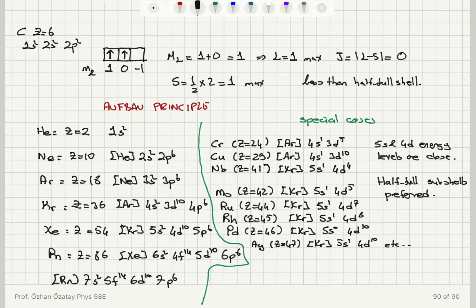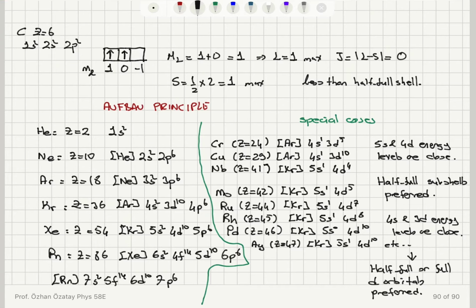So also the same thing for 4s and 3d energy levels are close. So we have a preference for half full or full d orbitals. So this may lead to half full or full d orbitals preferred.